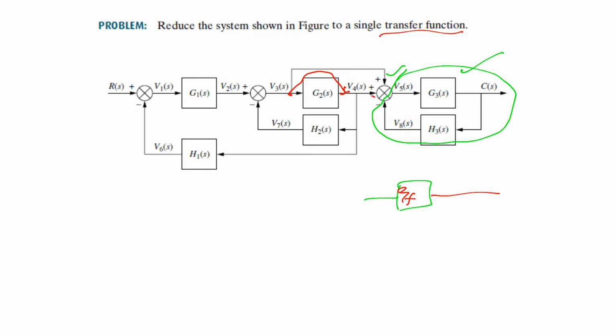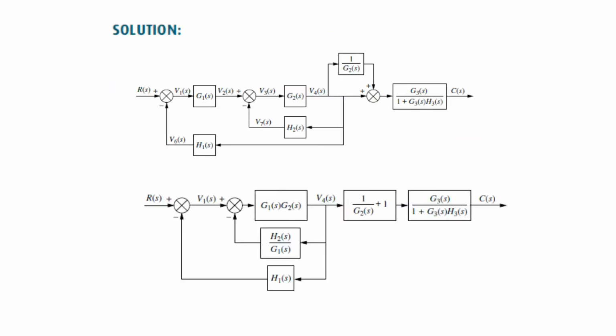And if we take this signal here, since V3 is not multiplied by G2, we have to multiply this signal with 1 divided by G2 as shown here.